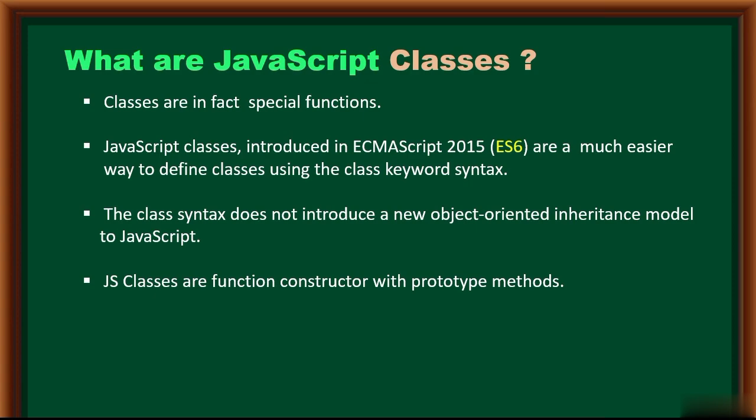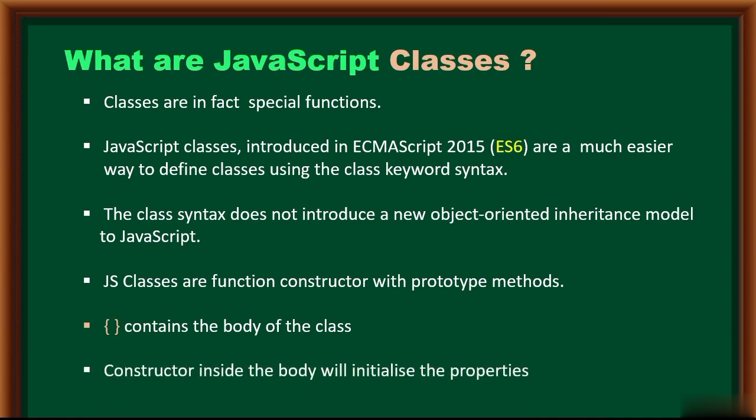The body of a class is usually enclosed in curly braces, and you can use a constructor to assign properties to a class. So the constructor inside the body of the class will initialize the properties of that class.